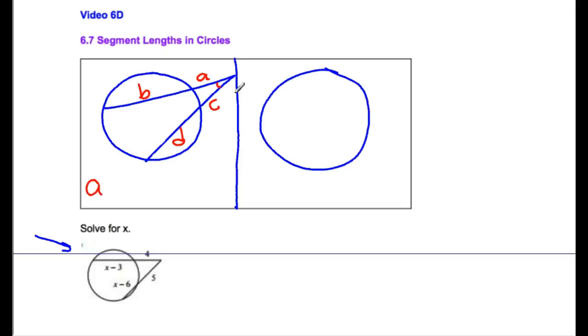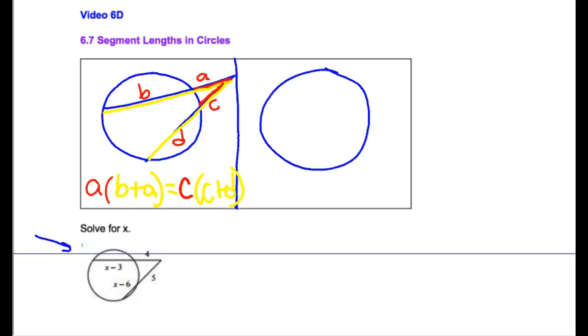The external piece, which in this case is A, so you can grab that outside piece, times this entire length, which I'm going to do in yellow, which is B plus A or A plus B, is equal to the other exterior length, which is C, times the other entire length, which is C plus D. So that's the relationship you're going to set up.